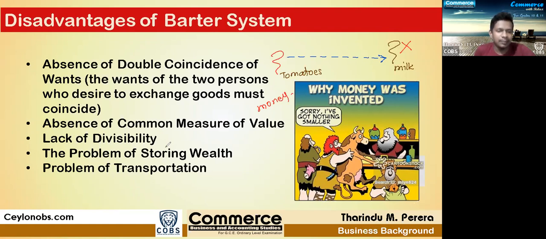The last one, problem of transportation. Money is very simple to carry; it is very light, so we can carry it with us. Assume that we have to carry an animal like this to get something.